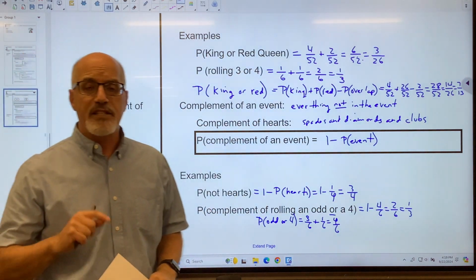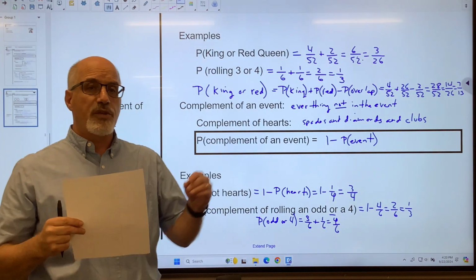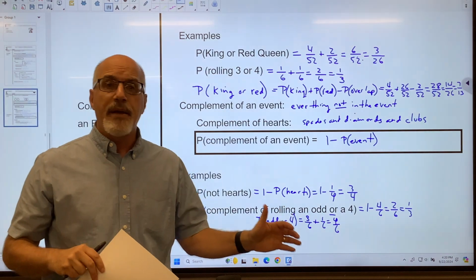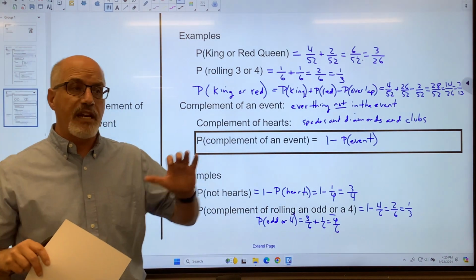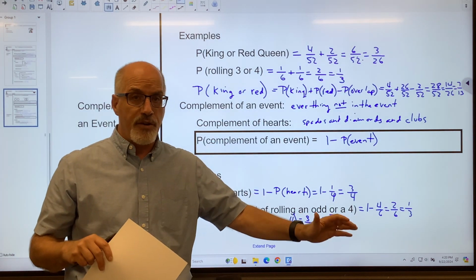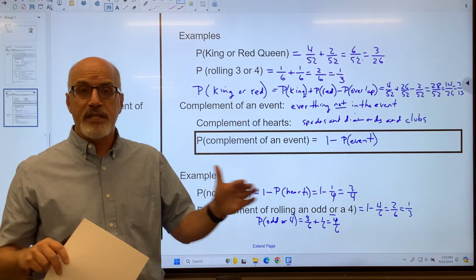So what we've looked at is the probability working with independent events, which is associated with the word and. We want to make sure that we understand what independent means, that the one does not influence the probability of the other. And when we do that, we multiply the probabilities together.